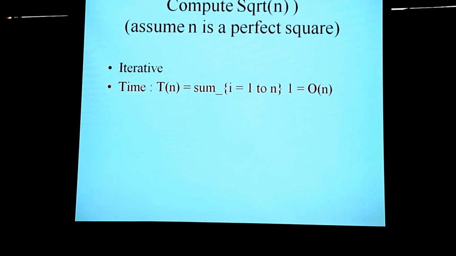Search for the square root in the second half, else in the first half. This is exactly the same as binary search, though I have not yet talked about binary search, so I'm assuming that.